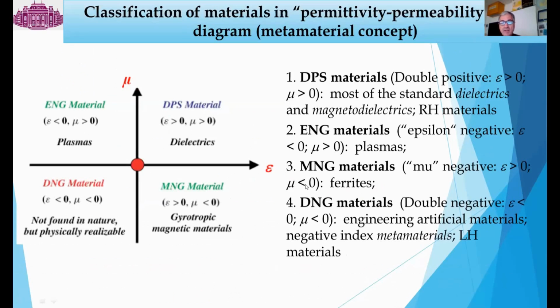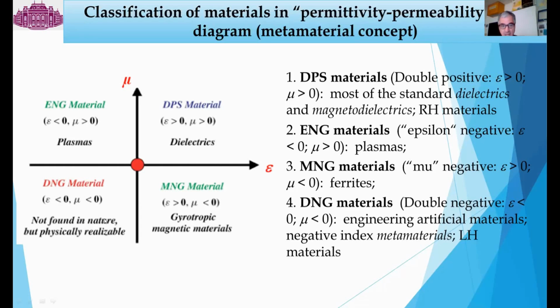As you know, according to the microwave metamaterial concept, dielectric constant and magnetic constant could be positive or negative for some materials. For example, in plasmas, a dielectric constant could be negative. In ferrites, magnetic constant could be negative, and in the so-called double negative metamaterials, left-hand metamaterials, both constants are negative.